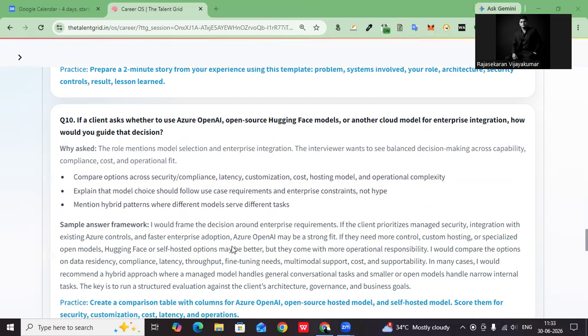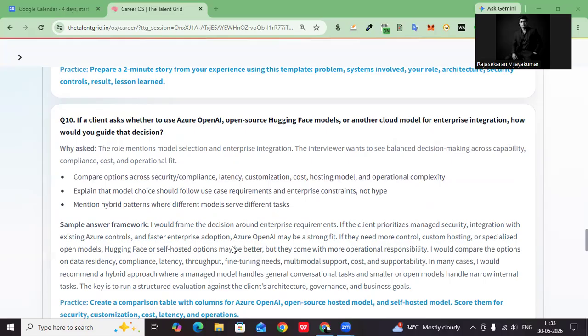What are the enterprise systems we are going to involve? What are the retrieval needs? What documents are involved? Then I will understand the business asks also. If the business wants more focus on security and compliance, maintainability and scalability requirements, then I will suggest Azure OpenAI.